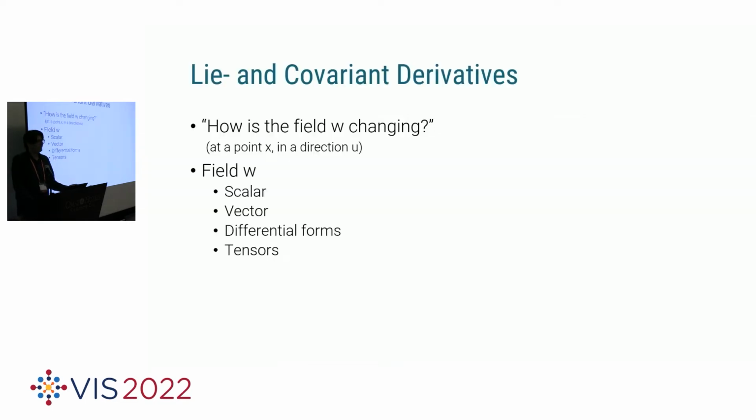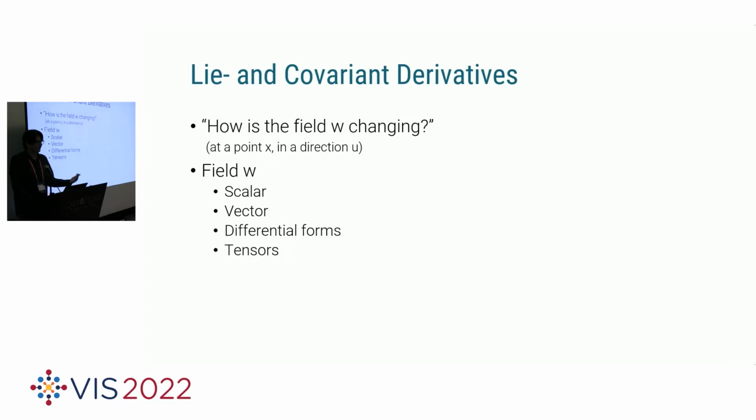So what does it give us, the Lie derivative and the covariant derivative? It basically tells us how a certain field changes at a point x in a given direction u. So we have any kind of field. That field can be a scalar field, a vector field, a differential form, or a tensor. Actually it would be enough if I said it can be a tensor, because all of the others are just examples of tensor fields.